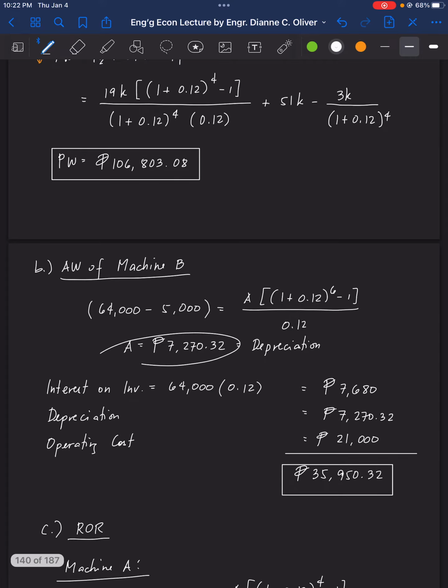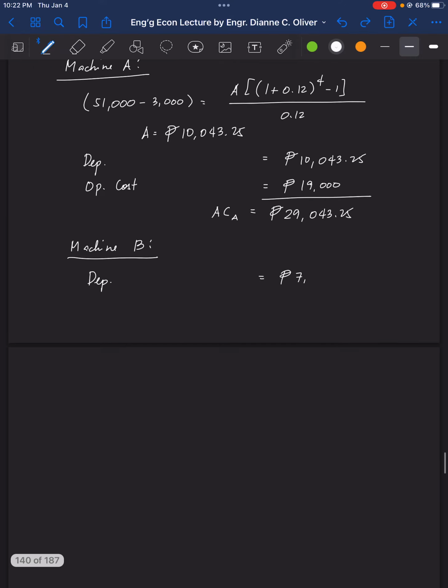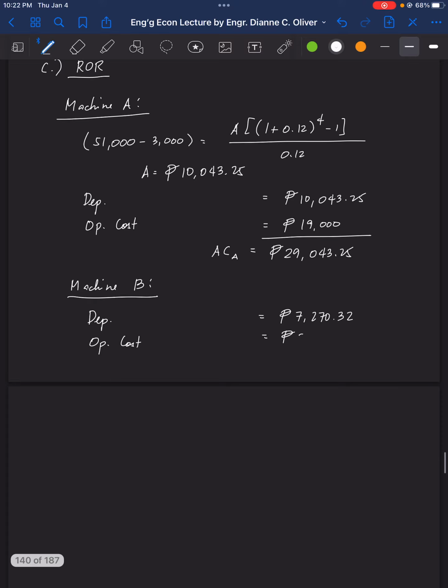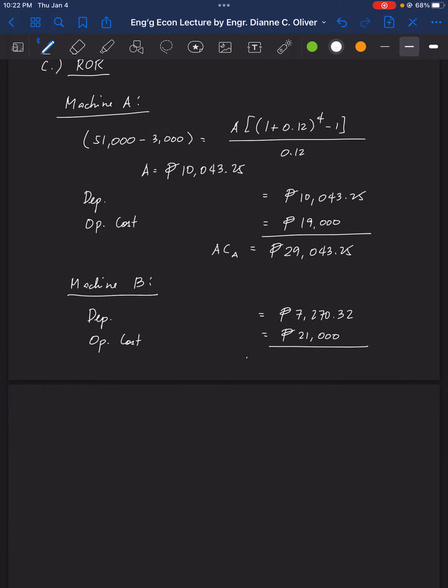How much is that? 270.32. Then we have the operating cost. How much is the operating cost here? It's 21,000. So what's the annual cost for B? That will be 28,270.32.